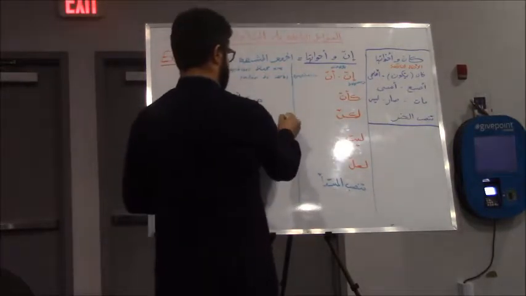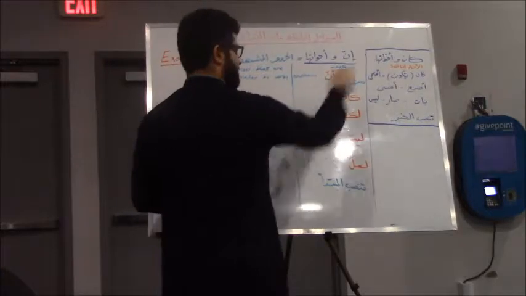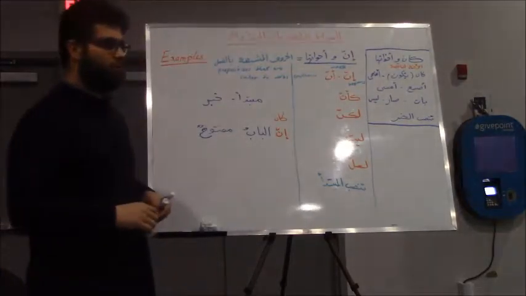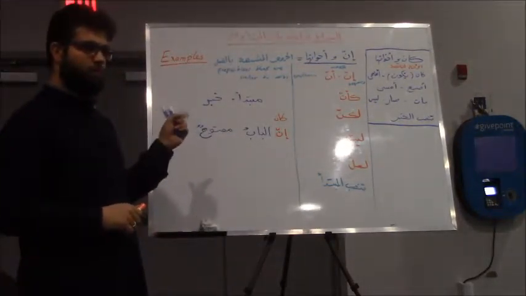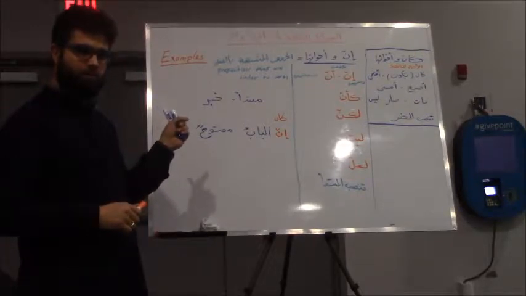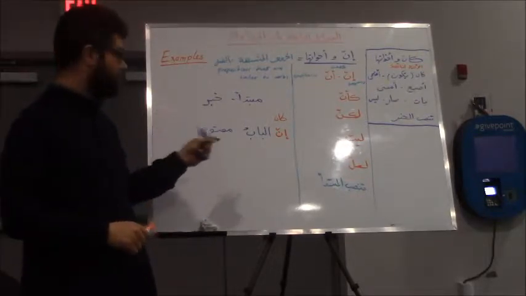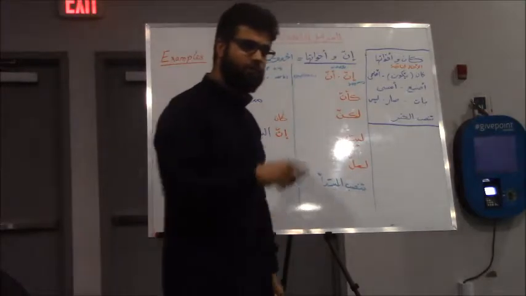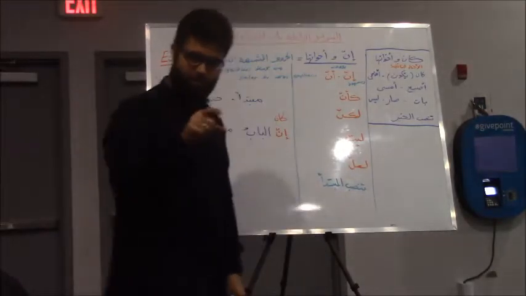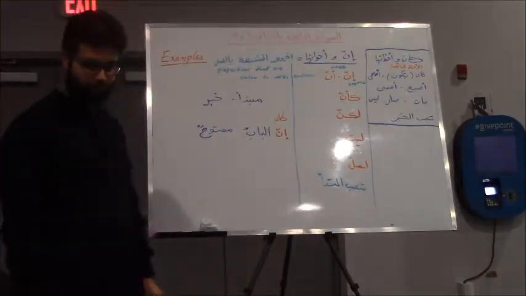So inna and kana. If I came to you and I told you, what was the status of the door? You'll say kana al-bab maftuhan. Right? It was open. You're talking because I'm asking about the status of the door.